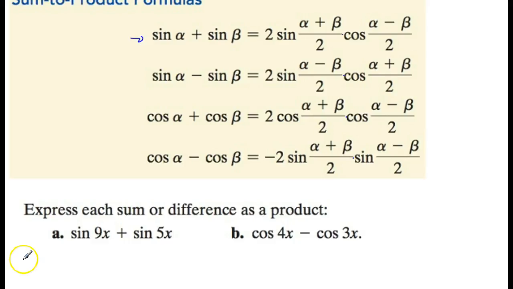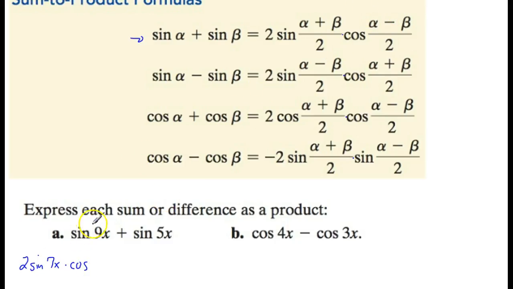So the very first one I'm going to get is 2 sine. Add these together. So 9x plus 5x is 14x. Divided by 2 is 7x. Okay, so that's another way to say average the two. So the average of 9x and 5x is 7x. And then times, we're changing it to multiplication, the cosine of the difference between the two.